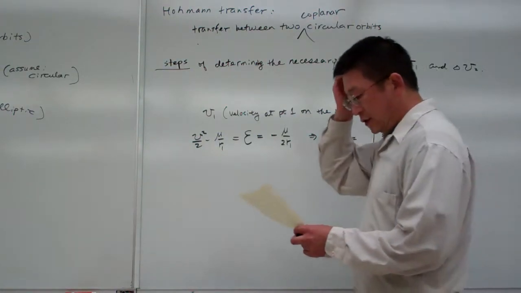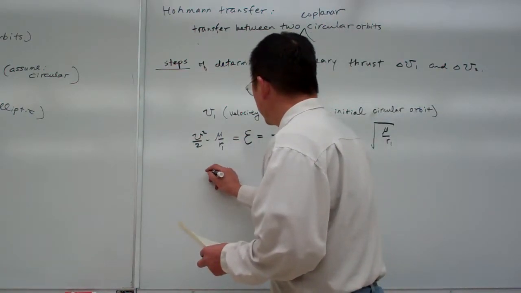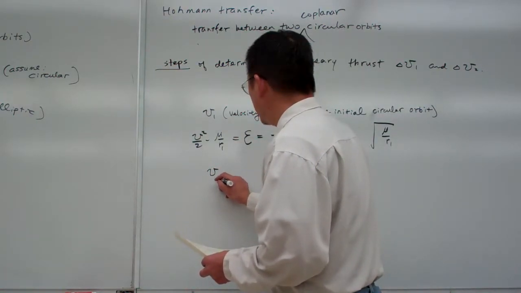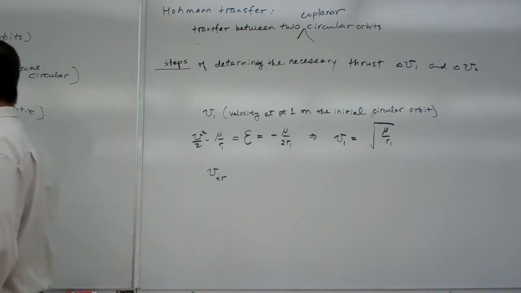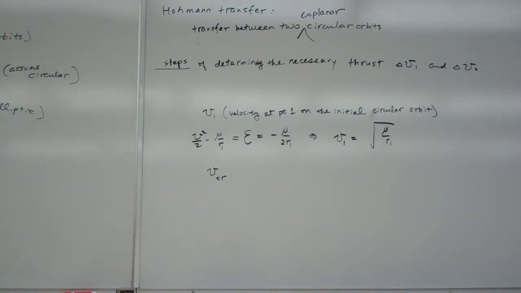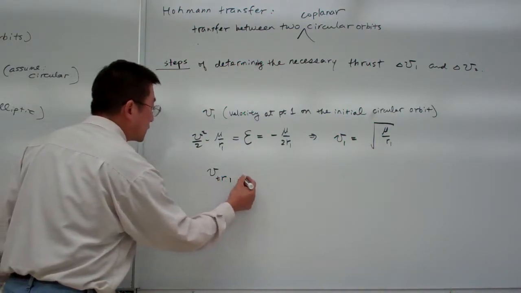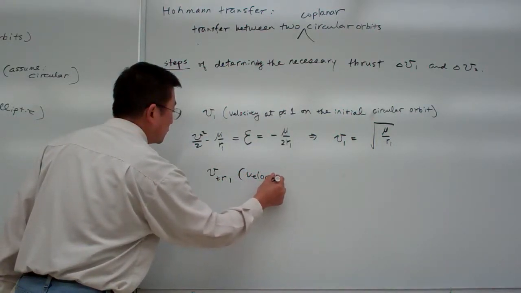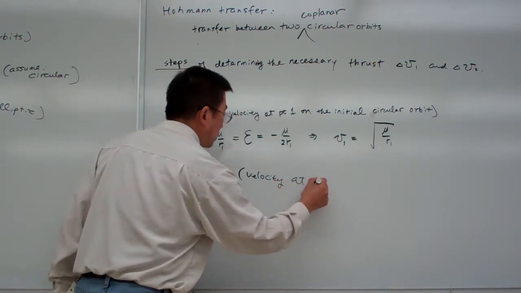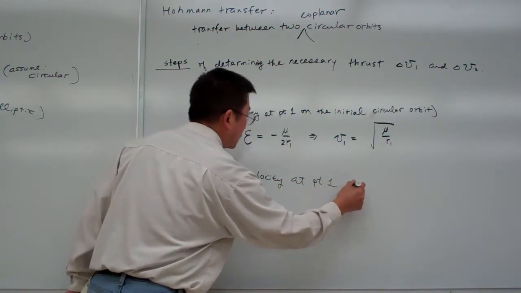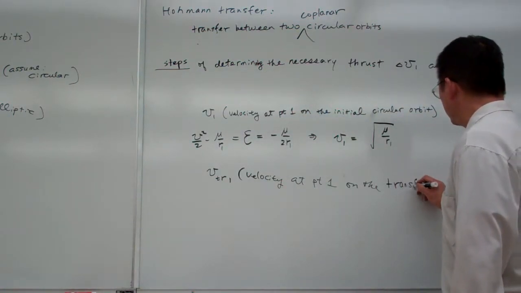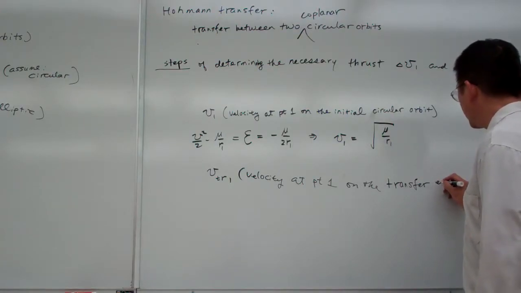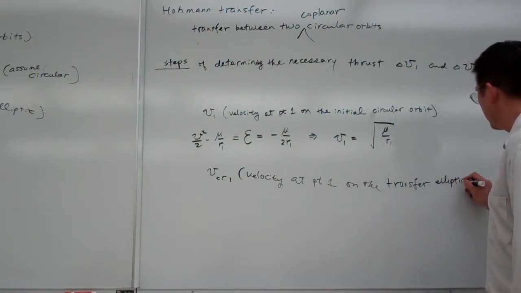Then we determine the V transfer, and let me give it the name transfer at point 1. So this is the VTR1, the velocity at point 1 on the transfer elliptic orbit.